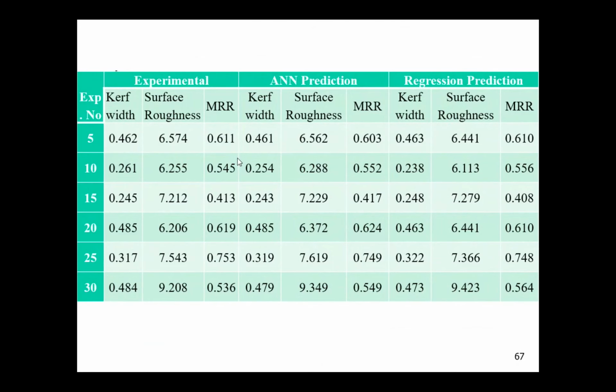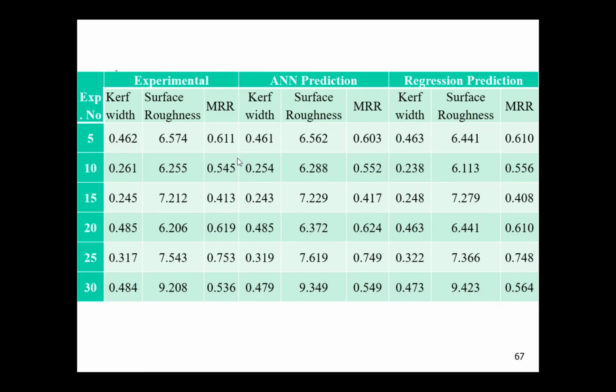So with these values, that is experiment number 5, 10, 15, 20, 25 and 30, I am going to provide the input variables. That is pulse on time, pulse off time, gap voltage and then percentage reinforcement. I am going to provide it as the input. What is the corresponding predicted value from the ANN?